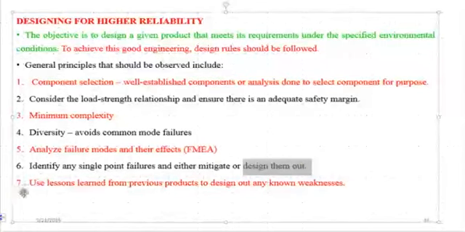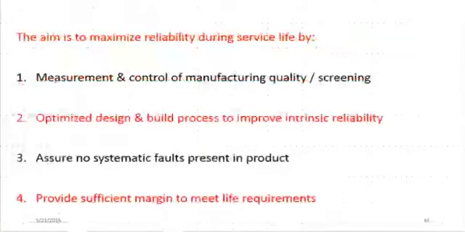And lastly, you have to use lessons learned from the previous products, because you have already designed the system, you have seen its performance, you can know the kind of problems it experiences. So in your future design, you have to take those failures into consideration so that you reduce them and increase the reliability of the device.